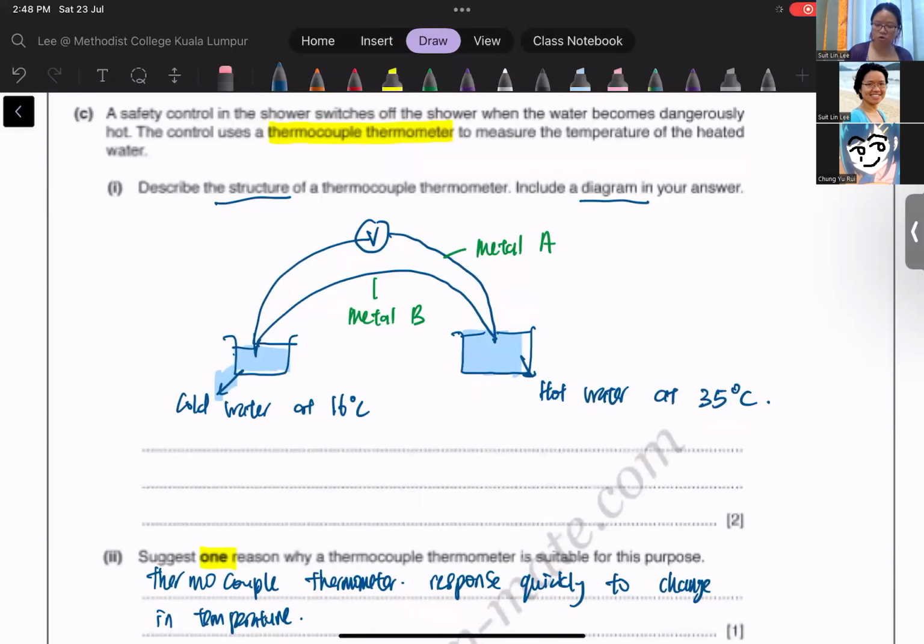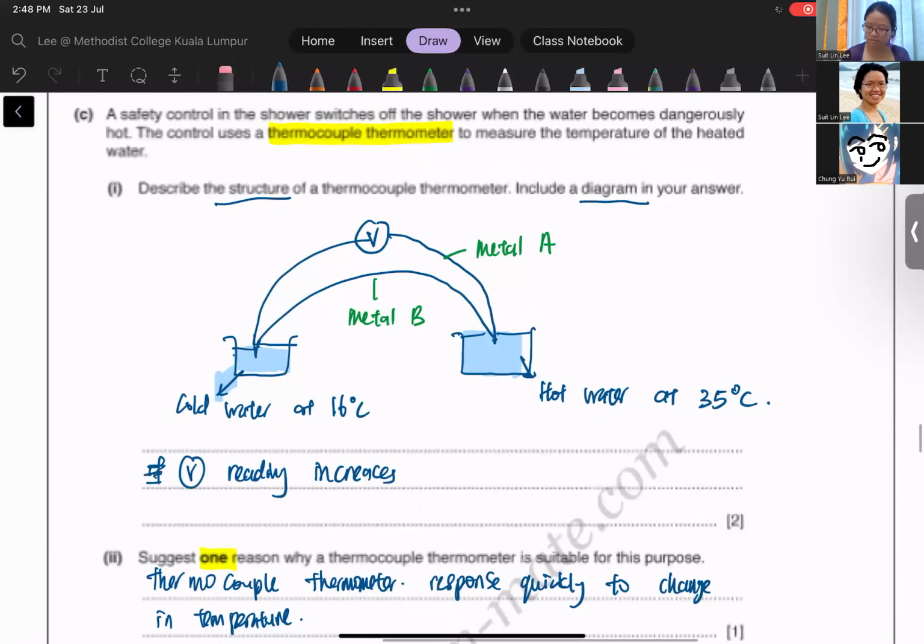Okay. So the voltmeter reading increases as the temperature difference increases. So currently we want a temperature difference of 19 degrees Celsius.